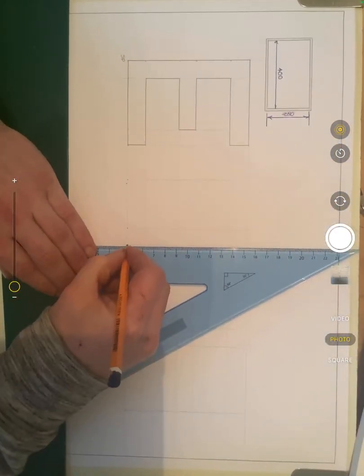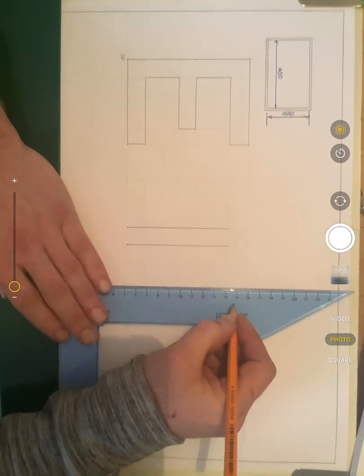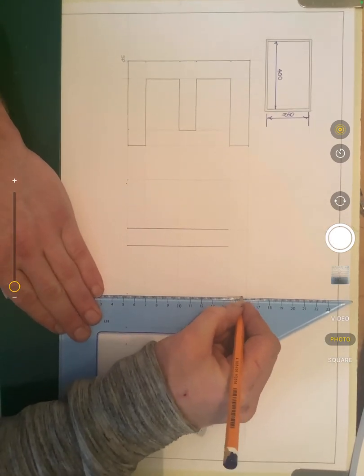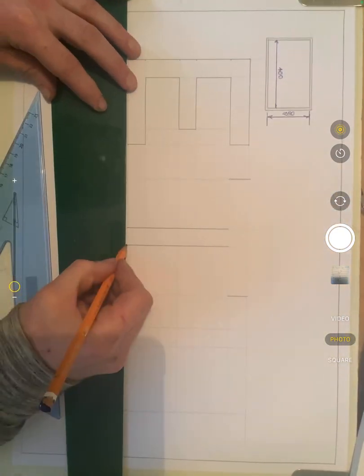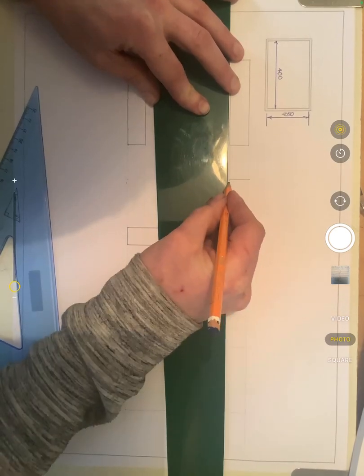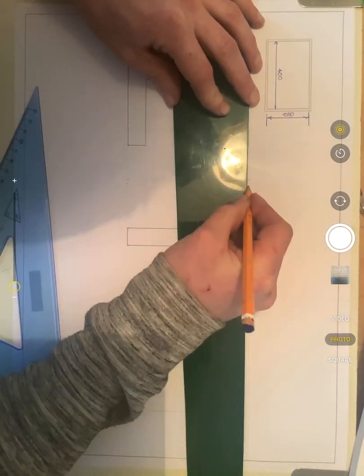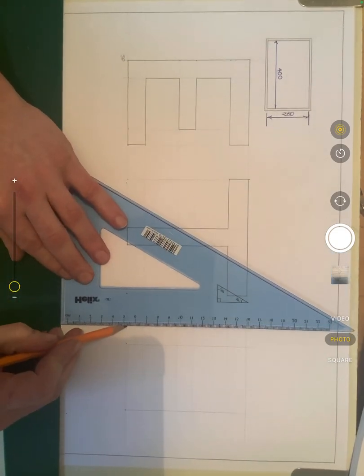The T goes from here up to there. And the L is straightforward enough.